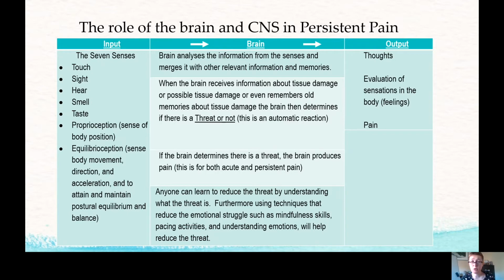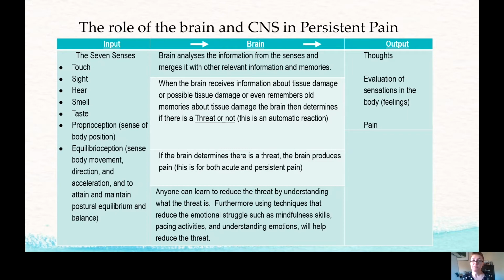Now, this is a completely automatic reaction that our brain does, just like the vision in the illusion. So our brain weighs that up, and then your brain will produce pain. And this is for both acute pain and persistent pain.